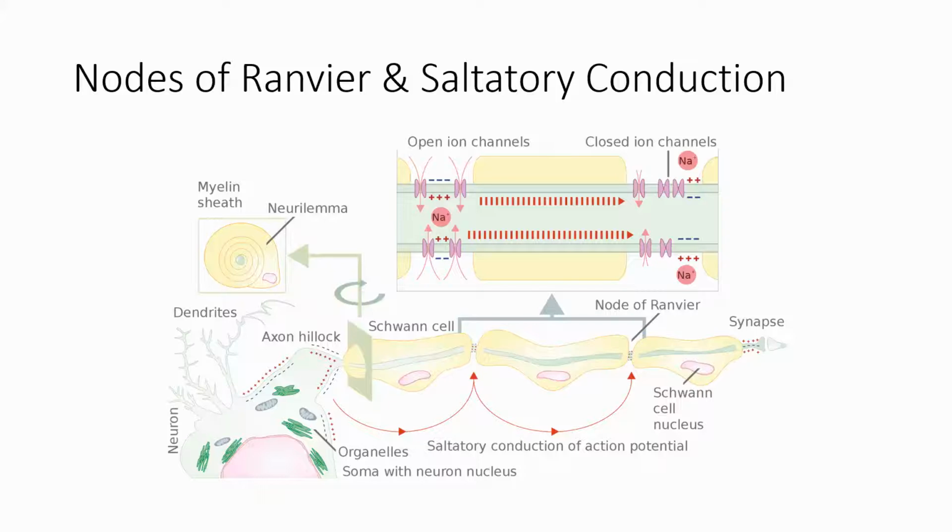So instead of an action potential traveling all along an axon, it can jump from spot to spot to spot and skip all the spaces in between. And that's important because you have some long axons in your body. You have one that goes from the base of your spine all the way to the tip of your toes. That's not very tall on me, but that's pretty tall on somebody who's like 7 feet tall.